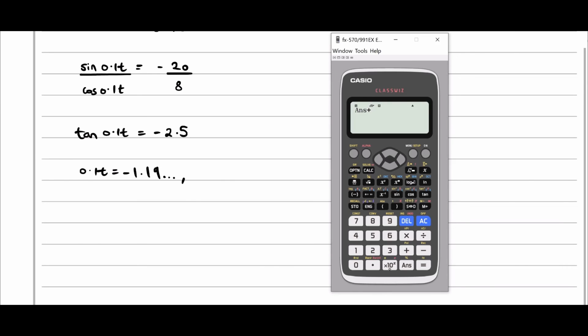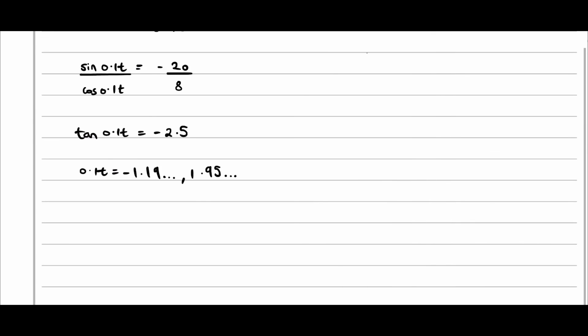So we have also 1.95, etc. And if I multiply through by 10, and reminding ourselves that t must be positive, we can therefore conclude t is equal to 1.95, etc. multiplied by 10, which is 19.5, etc. And this is because t is greater than 0. Okay? And therefore the year is 2019.